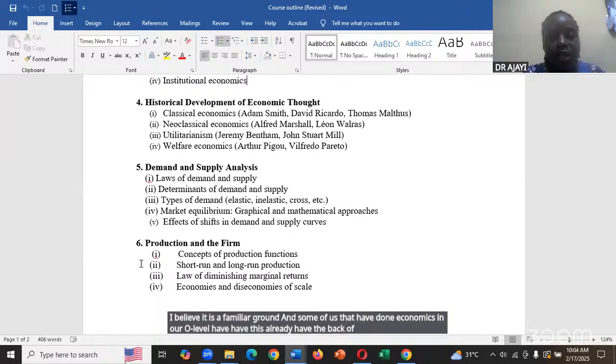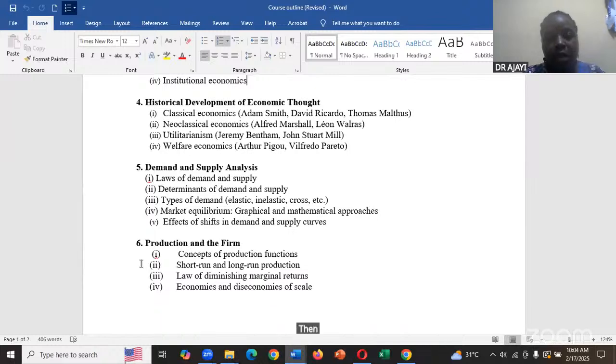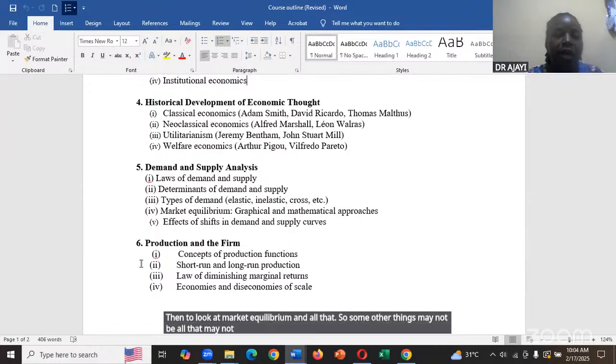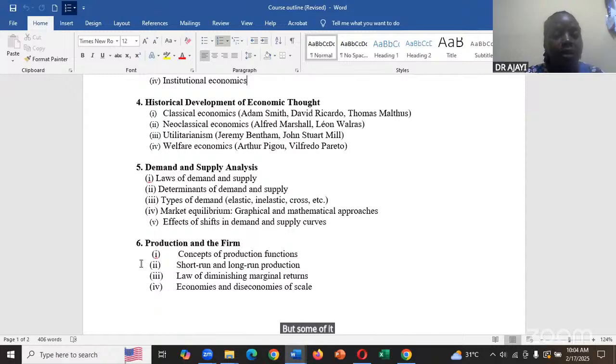We have 5 subtopics: laws of demand and supply, which we'll be taking together, then determinants of demand and supply, types of demand and supply, then we'll look at market equilibrium and all that. Some other things may not be all that obvious in this outline, but some of it we'll still mention as the class moves on.